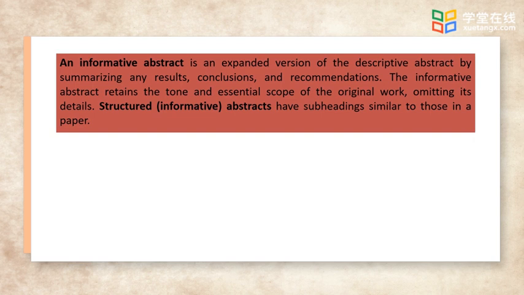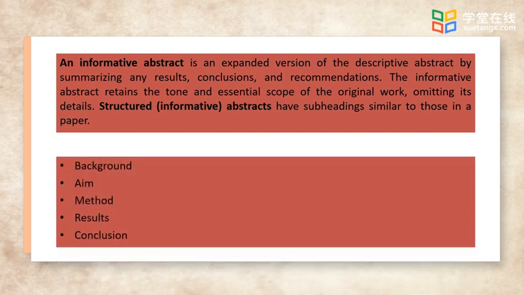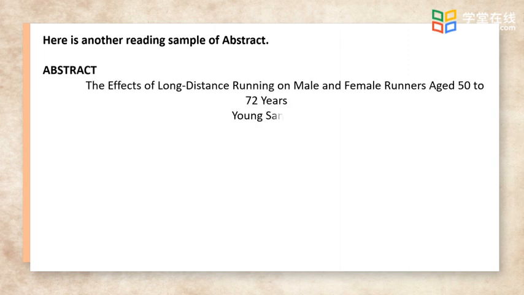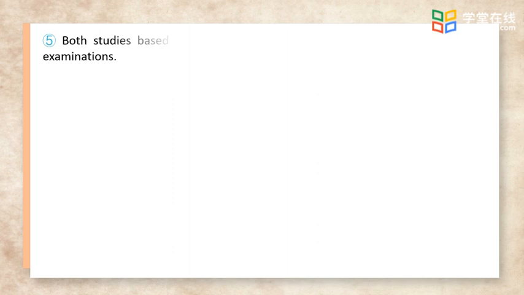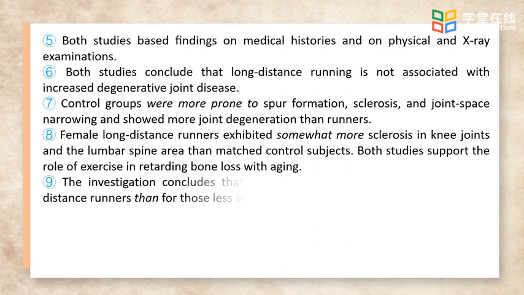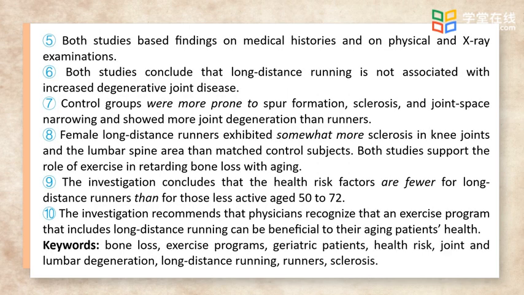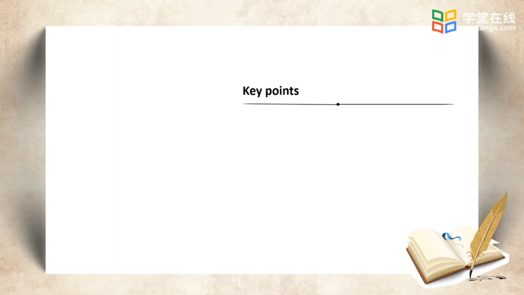Structured or informative abstracts have subheadings similar to those in the paper: background, aim, method, results, conclusion. Here is another reading sample of abstract. Read it and answer the questions. Questions.